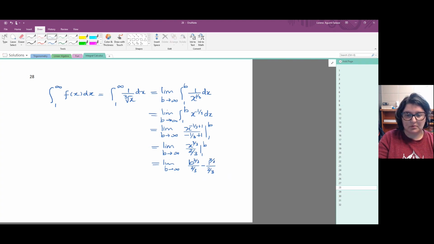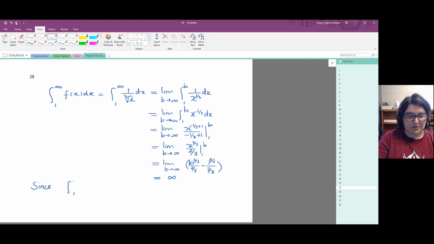And when b is huge, b to the 2/3 is huge, so its limit is going to give us infinity. Because we have a positive power on b, b to that power is really huge as b grows arbitrarily large. So the integral diverges.